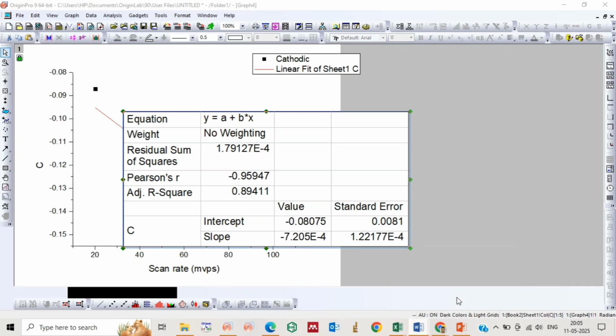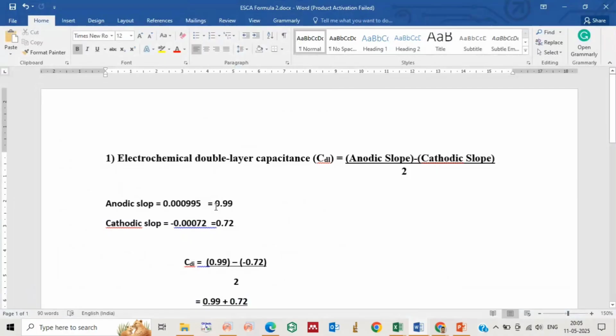Now we will take the slope values for both the anodic slope and cathodic slope. So we have to divide them by 1000. So we will get the value of anodic slope and cathodic slope, that is 0.99 and 0.72.